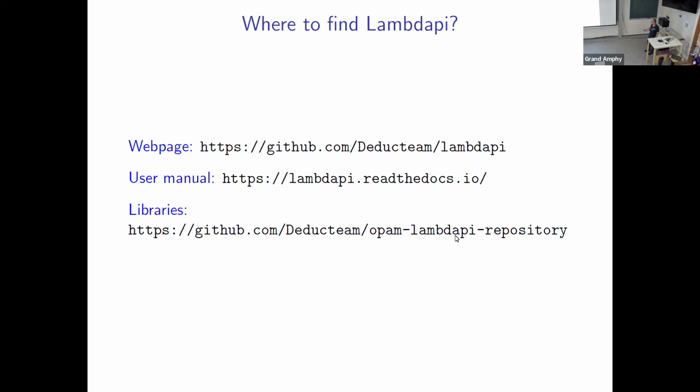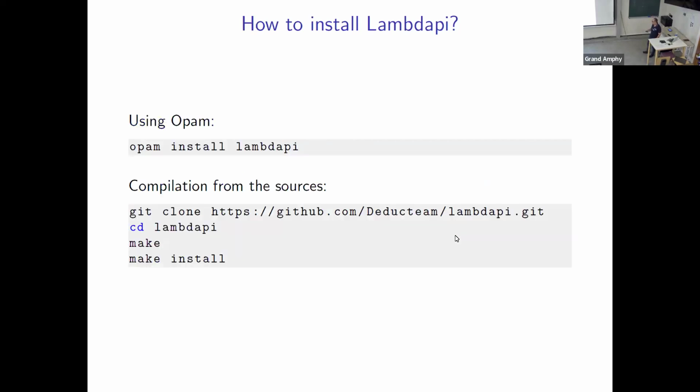There is also a user manual you can check, and some open repositories for libraries written in Lambdapi. Now for installation, I hope you could install everything already. You can also compile from the sources: if you clone, then you just run make.